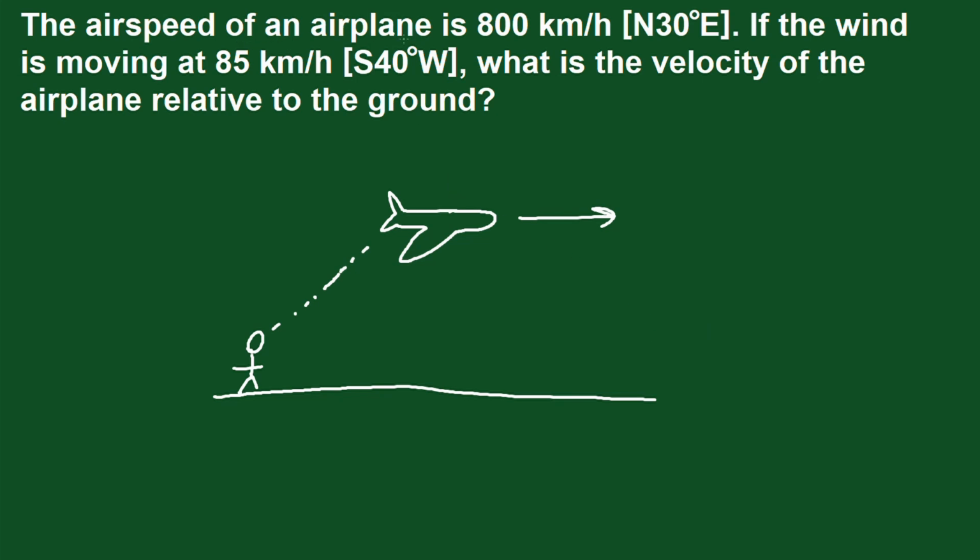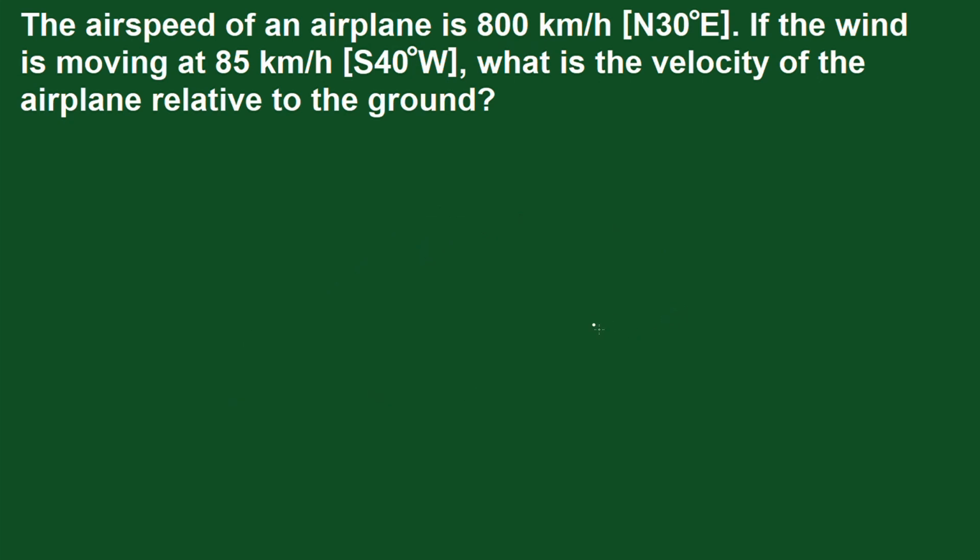But what we're given initially is not the speed relative to the ground, it's the speed relative to the air. And the reason that matters is because the air can be moving, right? The air doesn't stay in one place the way that the ground does. And that's what we call wind. Wind is when the air moves. So the speed of the plane relative to the air that it's in is that 800 kilometers per hour.